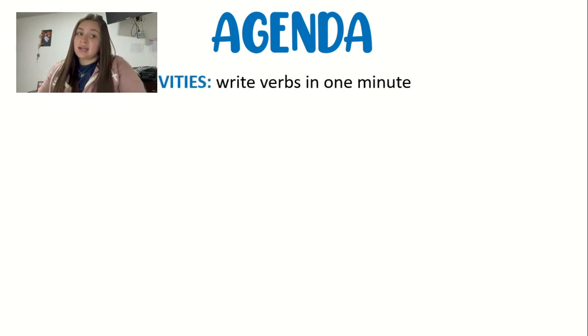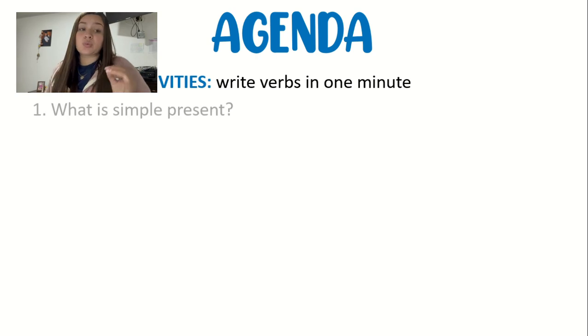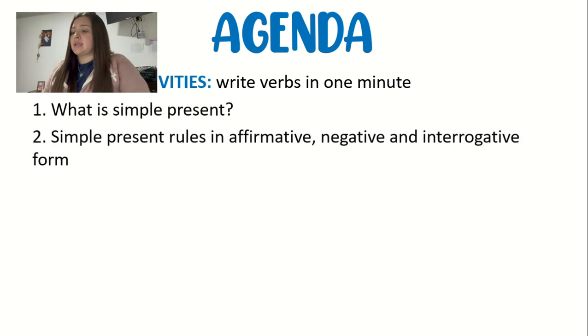It's a little activity to start the class with energy, where the students have to write verbs in 1 minute, talking about what the simple present rules are in affirmative, negative, and interrogative form, practice exercises, write sentences, board games, practice activity.